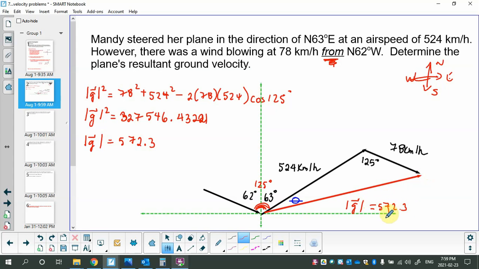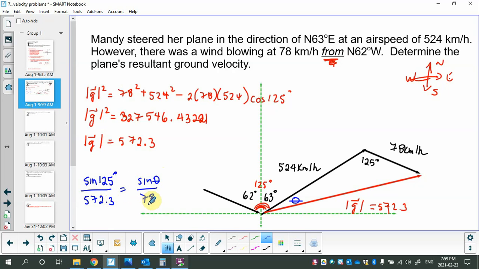So I'm going to put that there, because now it shows me that I can use the sine law to find my theta. Now, I'm going to make it pretty obvious, so I'm going to change colors and go blue. So sine 125 over 572.3 equals sine theta over 78 kilometers an hour.